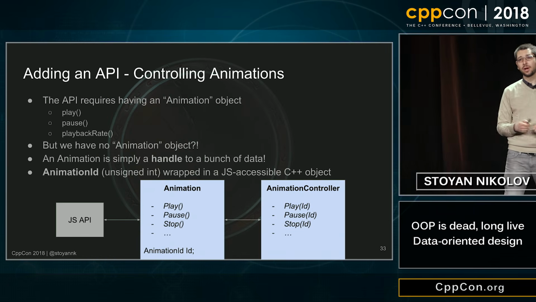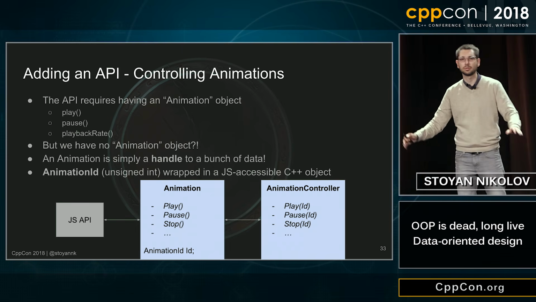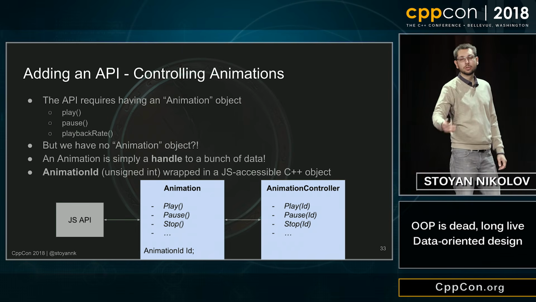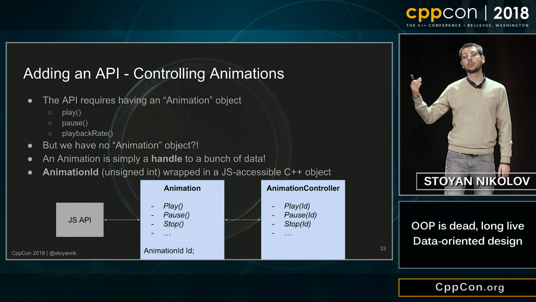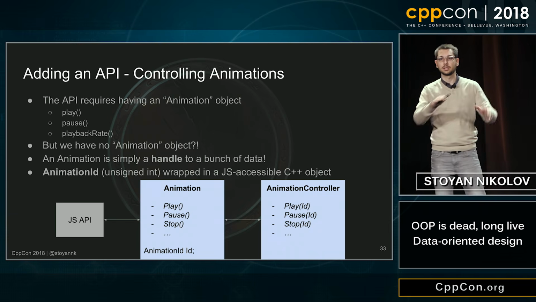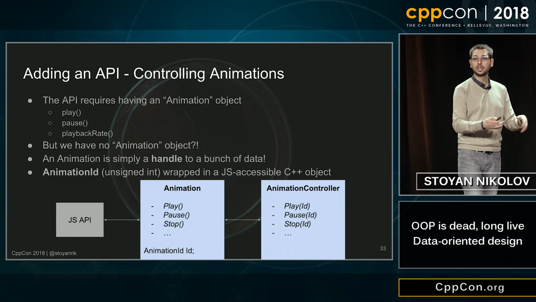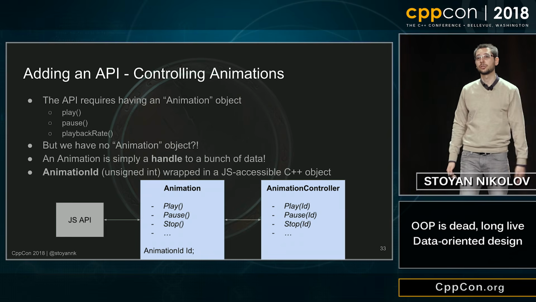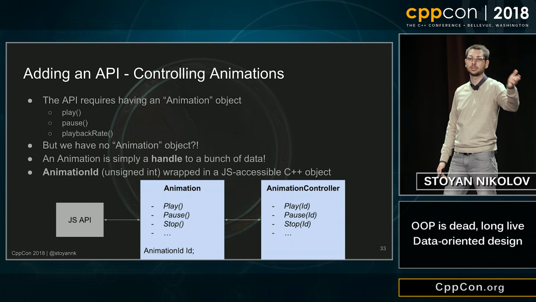Okay, our system is now working. It's very high performance. We're very happy with it. But we want to add an API for the user, and we want it to be a convenient API. Here, the object-oriented style of classes with methods is really convenient. You can give the user just an animation object, and she can call play, pause, and whatever.